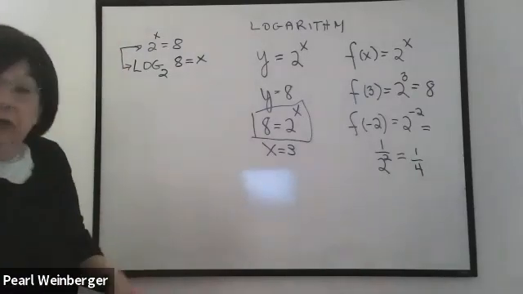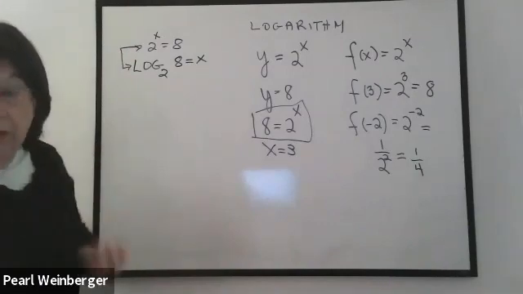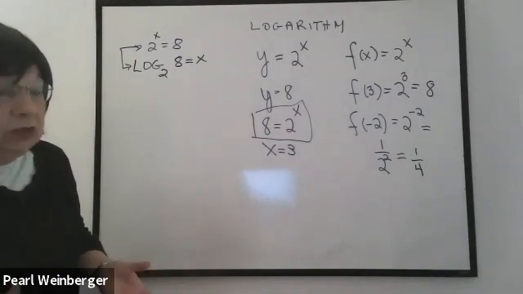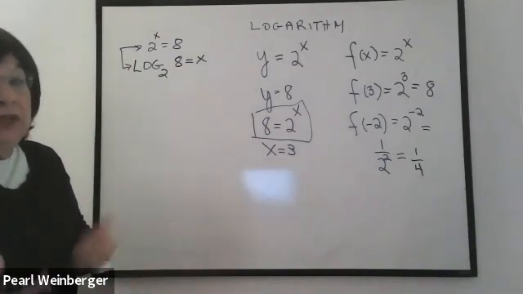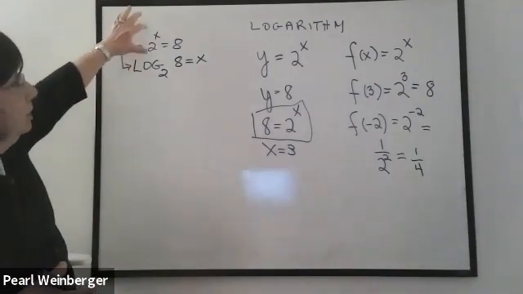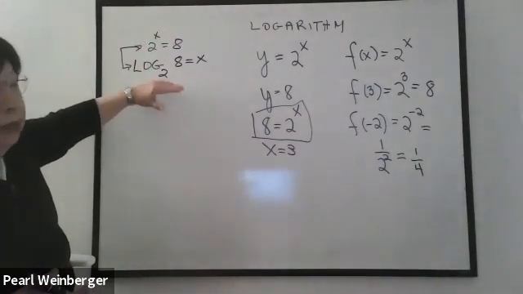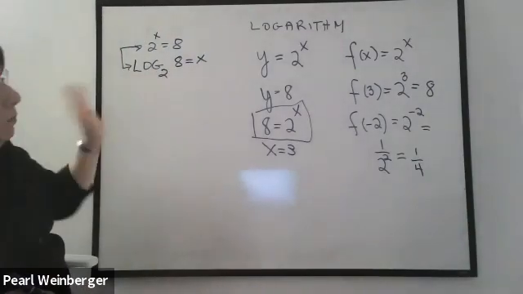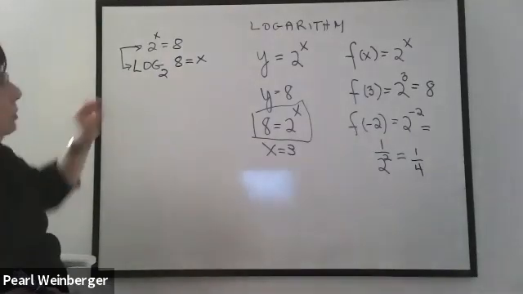A lot of the questions asked about logs, or logarithms, can actually be answered if you can switch from the logarithmic form to the exponential form. Everybody is familiar with 2 to the x equals 8. It's not so familiar when you write log base 2 of 8 equals x. But let me tell you how to read this so that it will make sense to you.